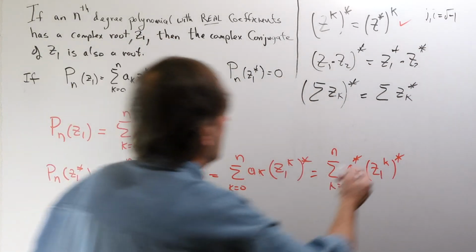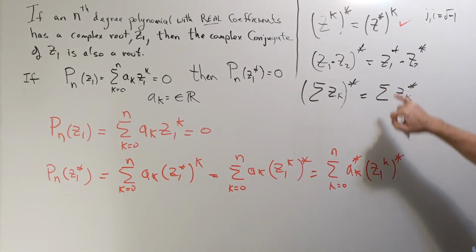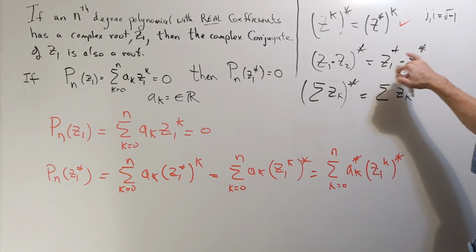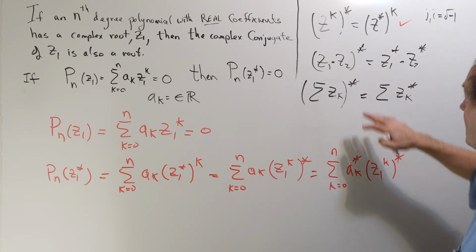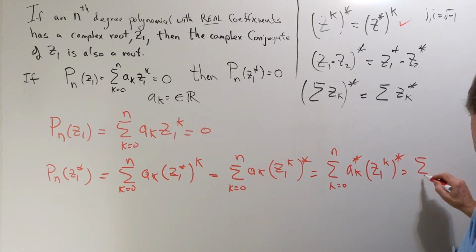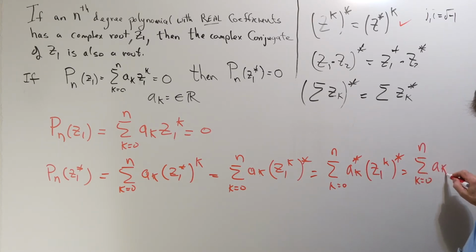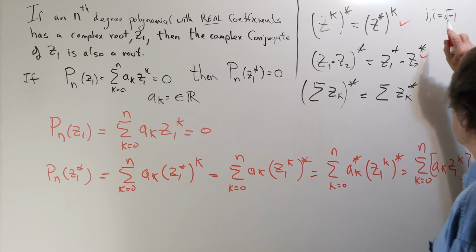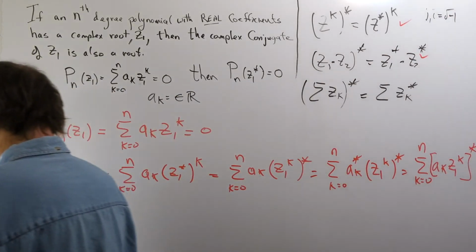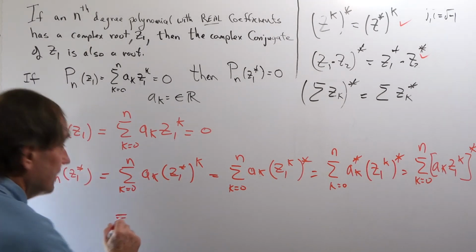Now I'm going to use the second property. I have the product of two conjugates, so I can take the conjugate of the product. So I'll write this as the sum k equals 0 to n of ak z1 to the k, and that is conjugated. That's using that property. Now let's rewrite this.